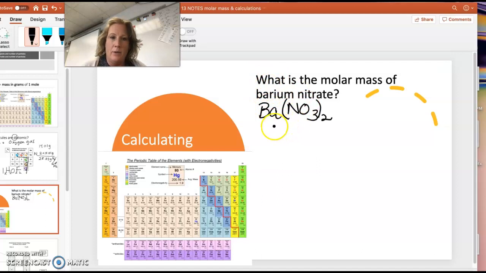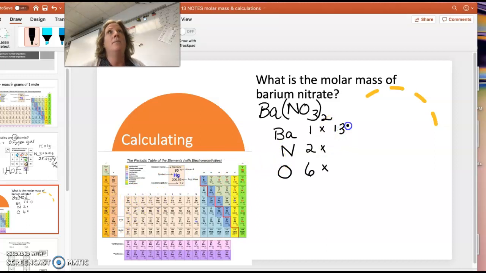And then the next thing that you want to do, and just for this test, I'm going to have you show me the work for getting molar mass. So I would list all the elements and how many of each I have, kind of like when we did electron cache. But now, instead of putting the number of valence electrons, we're going to look at the molar mass. The molar mass of barium is, from my periodic table, 137.33.